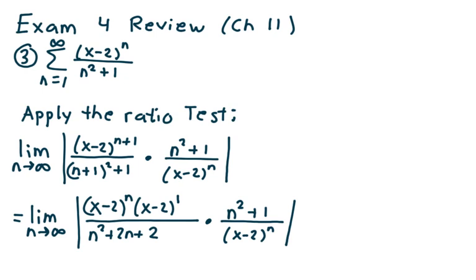But if you notice, the (x − 2)^n's cancel, right? And what we get on the next page is the following.